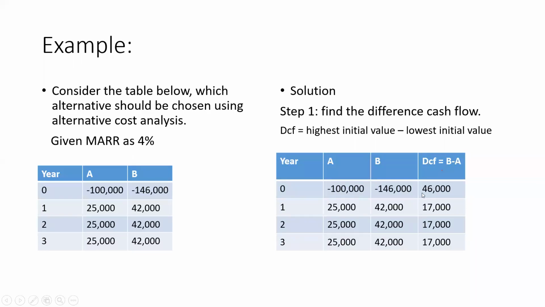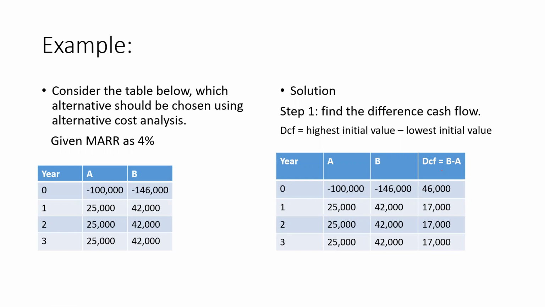So your present worth cost is 46,000 naira. Why? Because the resulting difference is from the formation of the two investment costs: 100,000 naira for A and 146,000 for B. So your resulting difference will also be the present worth cost.